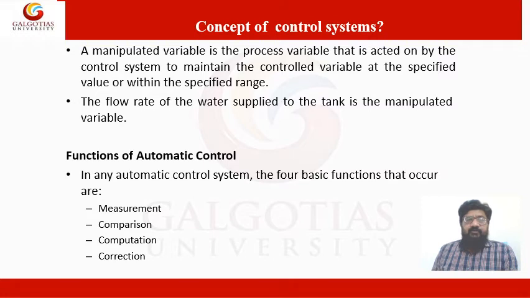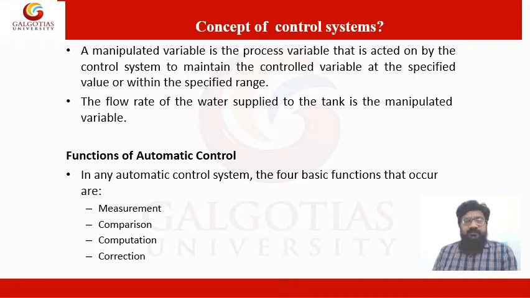So a manipulated variable is the variable which is manipulated, by which operations and sequences of operations, to gain our control variable at the desired specific range. For example, the flow rate of water supplied to a tank is the manipulated variable, which can be manipulated to obtain our control variable, that is the level of water, to a desired value.